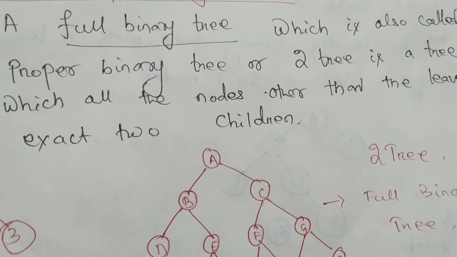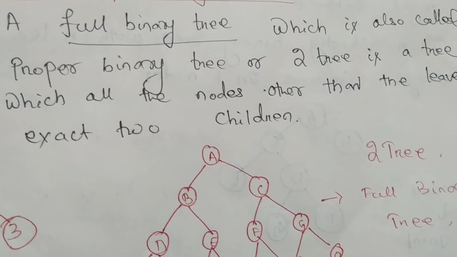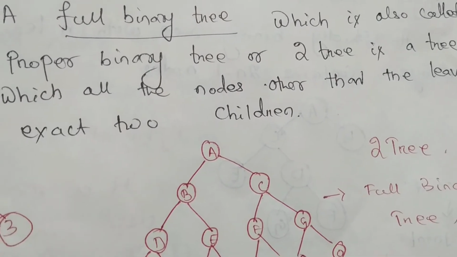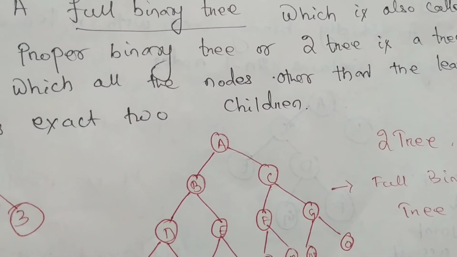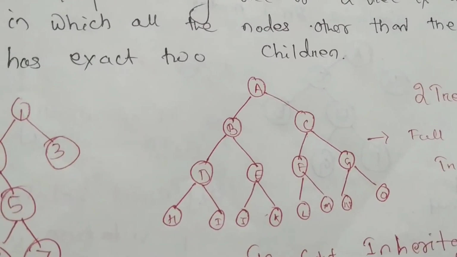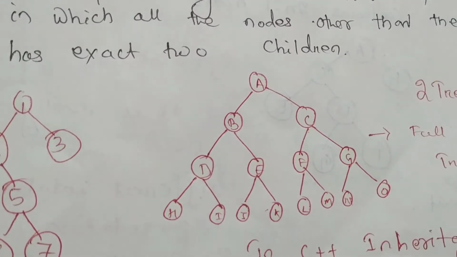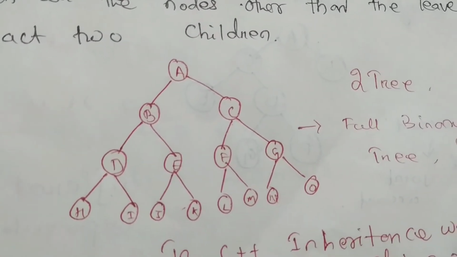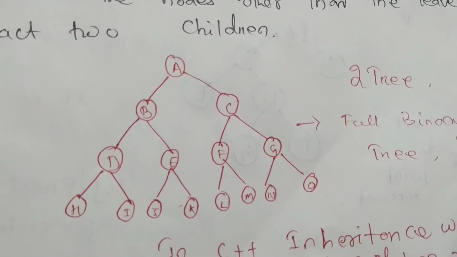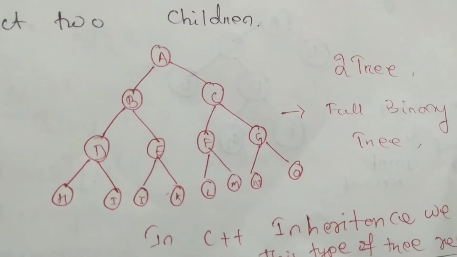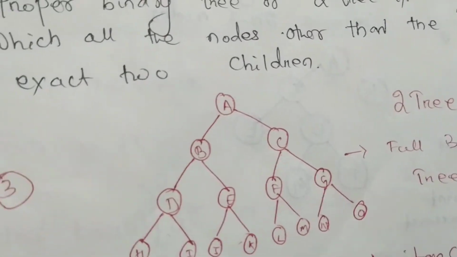So what is a 2 tree or a proper binary tree? A tree in which all the nodes other than the leaf nodes have exactly 2 children. You can see 5 is a non-terminal node and has 2 children. Here is another diagram of a 2 tree or full tree. Generally this type of representation is used in C++ to represent the inheritance concept.